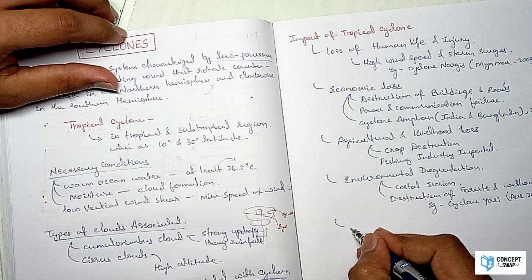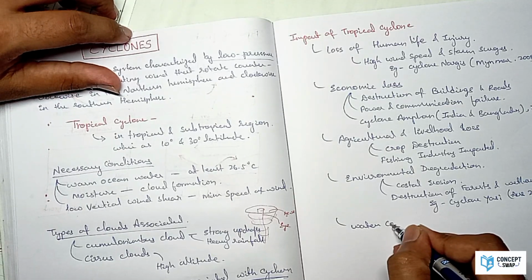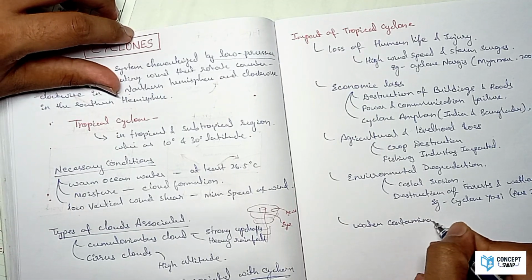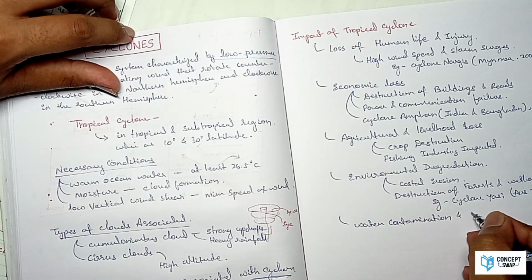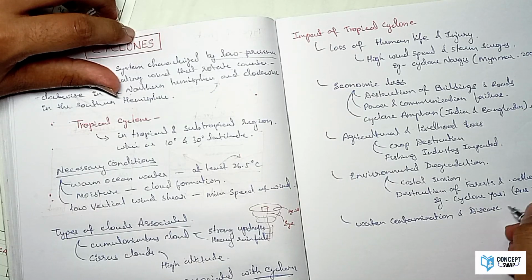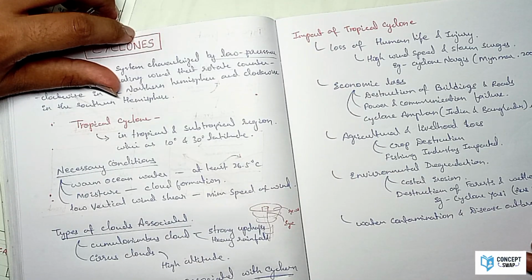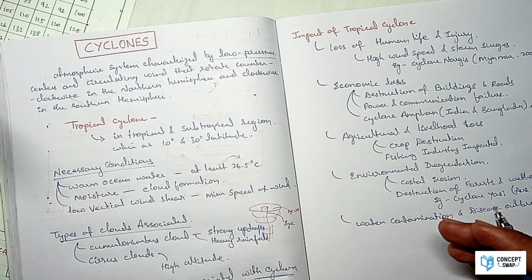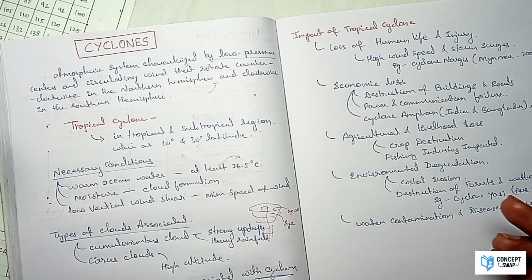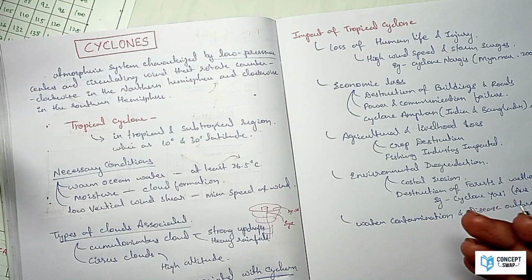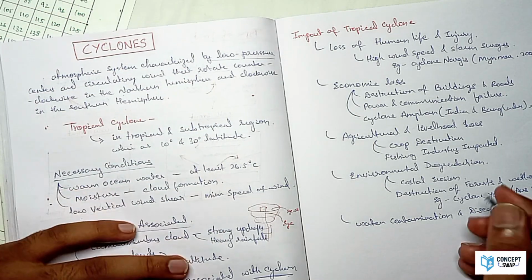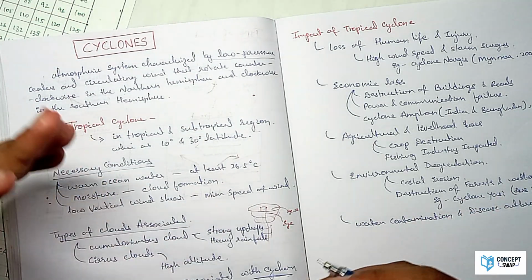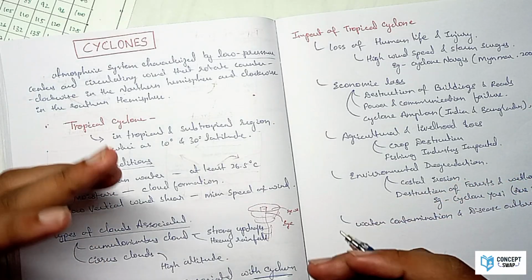Okay, what is the next impact? Next impact is water contamination and disease outbreak due to unhygienic conditions, like drainage water entering the city. That makes the contamination of water, as pollution contaminates the water body due to heavy wind or a storm like a cyclone.